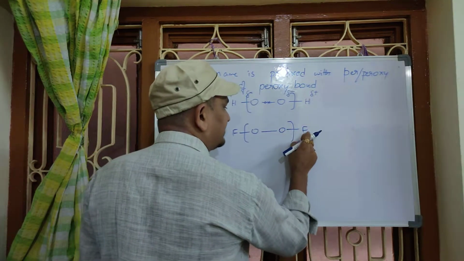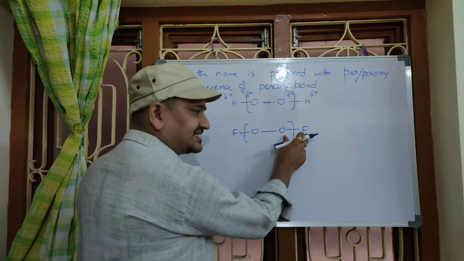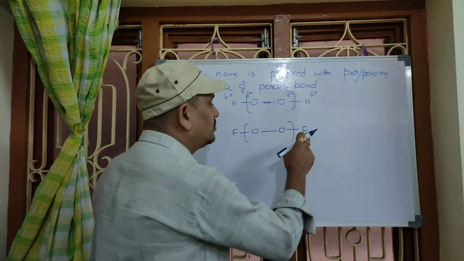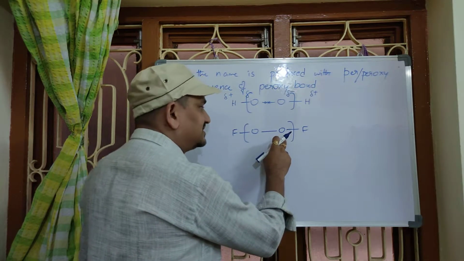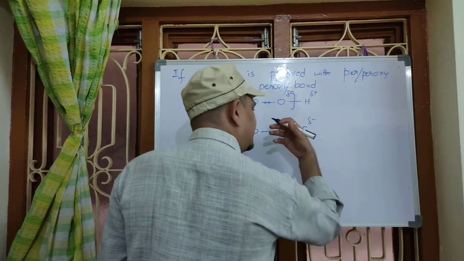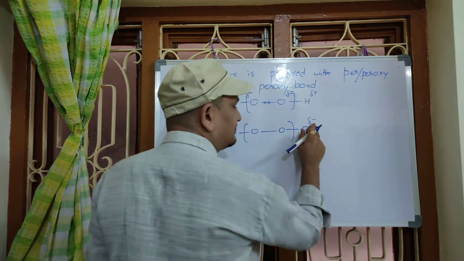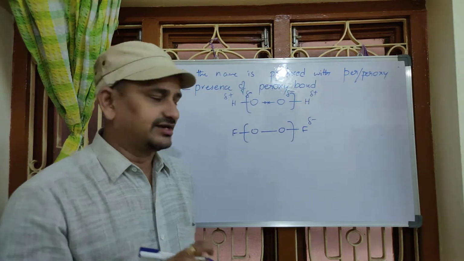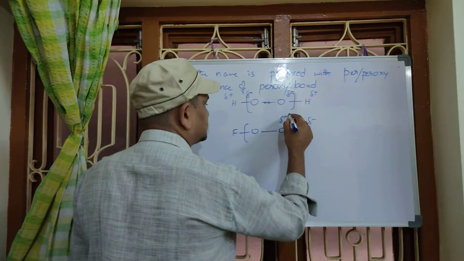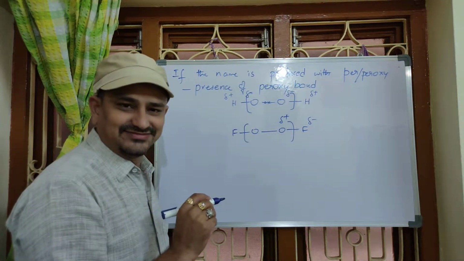When it comes to O and F, there is an electronegativity difference. So which is more electronegative now? Fluorine is more electronegative than oxygen. So as it is more electronegative, it attracts the shared pair more towards itself, as a result of which partial negative charge is developed at fluorine. And at the same time, partial positive charge will be on oxygen.